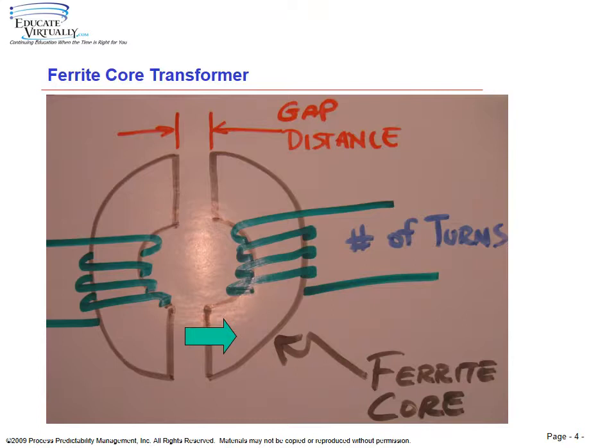This ferrite core has windings of wire that are wrapped around it. The other variable is the gap distance between the two halves of the ferrite core. That is a very simple transformer, but that is actually what we're dealing with here. It's significantly smaller than what you're looking at, but that's the gist of what we're dealing with.